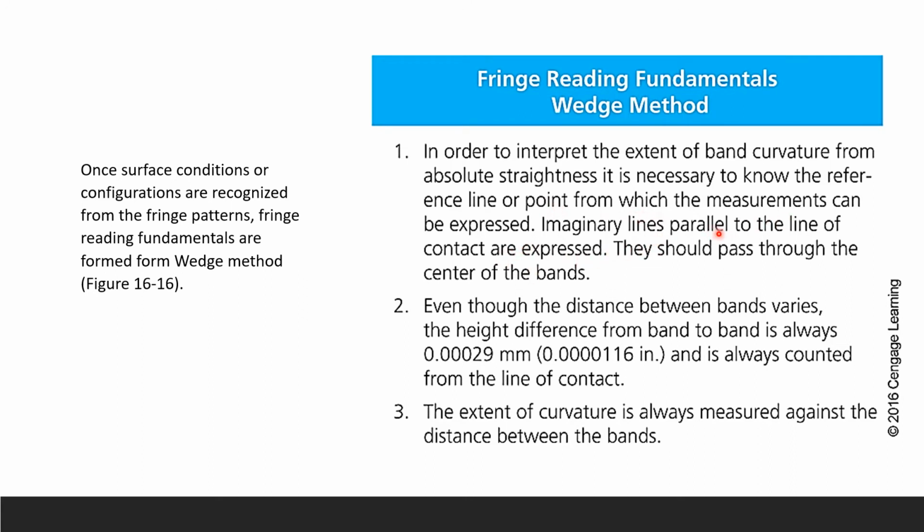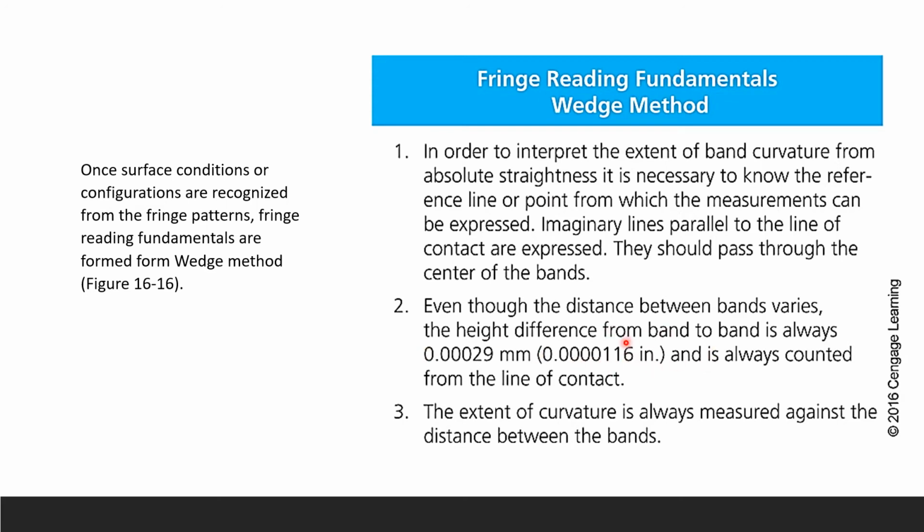Imaginary lines parallel to the line of contact are expressed, so they should pass through the center of the bands. So even though the distance between bands varies, the height difference from band to band is always 0.00029 millimeter. So that's in inches 0.0000116 inches.